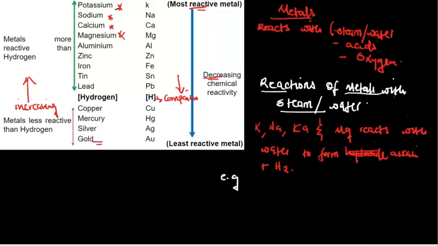Suppose you pick sodium plus water. You expect to produce sodium hydroxide, aqueous, plus hydrogen gas. This is the common reaction we expect for potassium, sodium, calcium, as well as magnesium: they react with water to form an alkali and hydrogen gas.